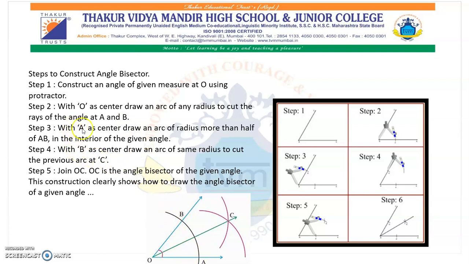In step 3, with A as the center, draw an arc of radius more than half of AB in the interior of the angle.